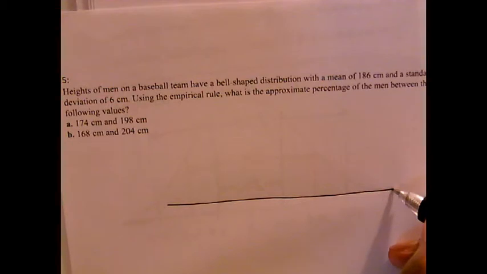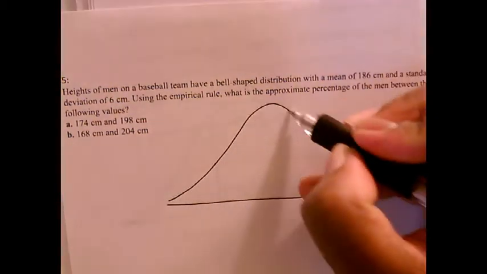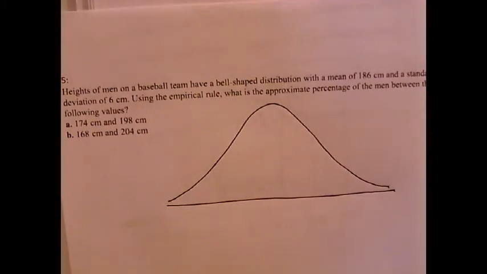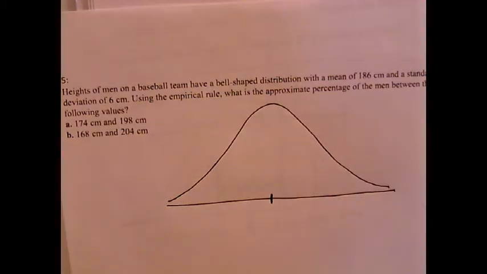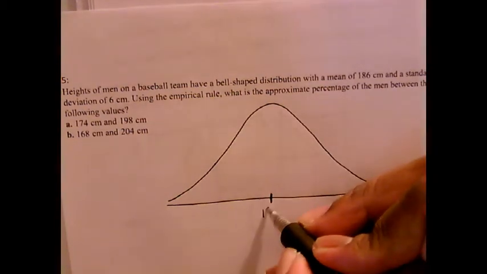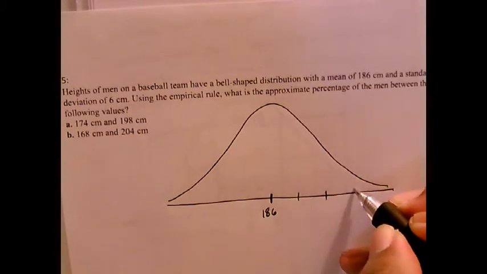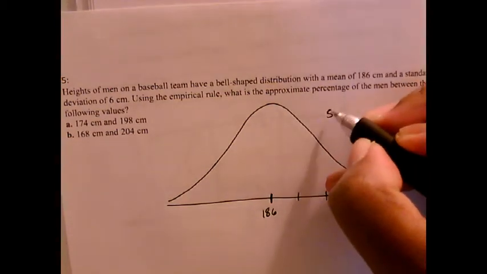So let's draw a normal curve. It looks like this. Now the mean is in the center, so the mean here is 186. And then we're going to go 3 standard deviations out. Now my standard deviation was 6.